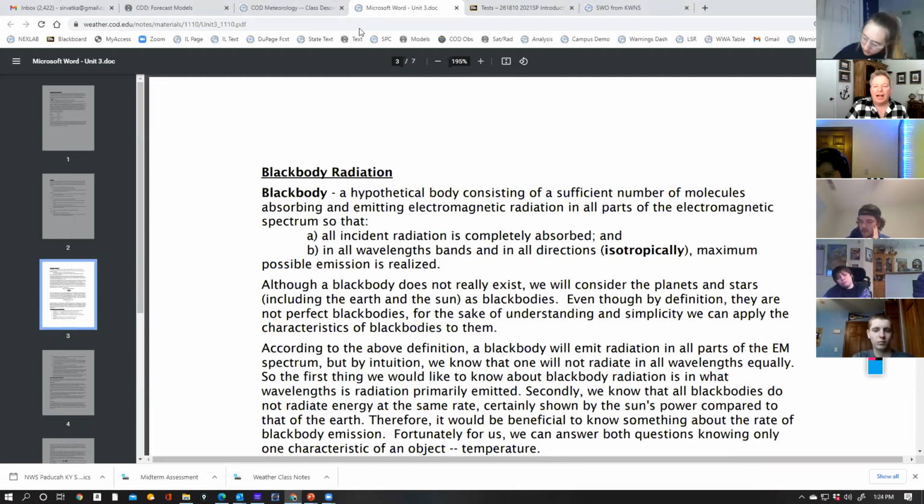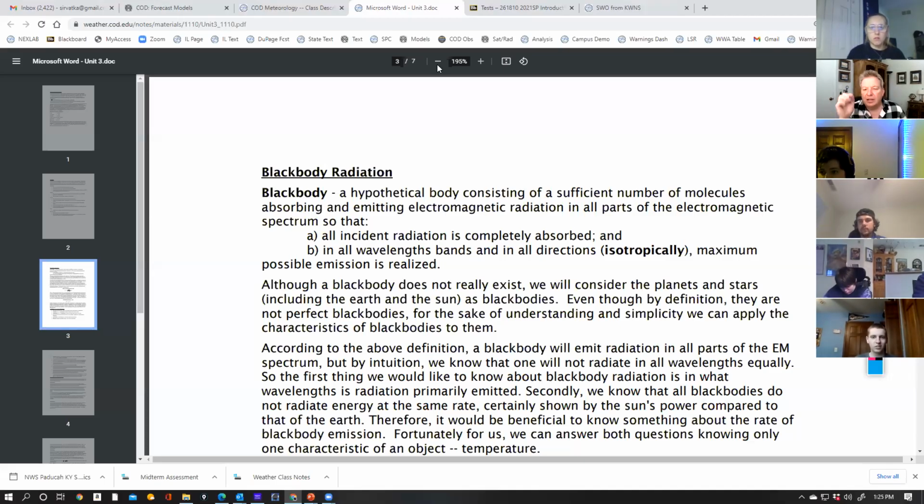So what does a black body do? Well, first of all, it says it consists of a sufficient number of molecules. Now, do me a favor. If I were in class, I would throw something at you. So take something, throw it up in the air and catch it. True or false?